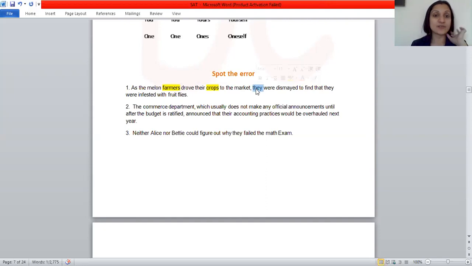We don't know what it is referring to. So we cannot use this they. So we'd have to say, as the melon farmers drove their crops to the market, the farmers were dismayed to find that, now can I use they here? Are the farmers infected? No, the crops were infected. So we'll have to put the nouns in place of these two pronouns.